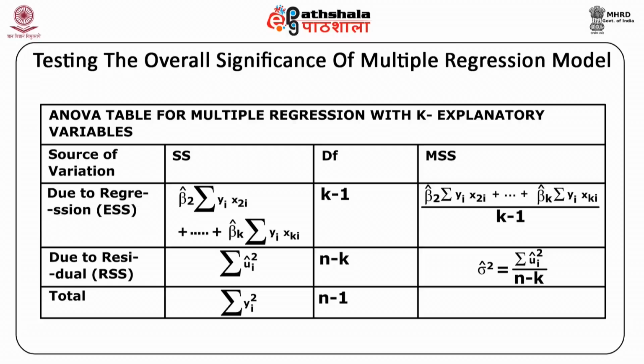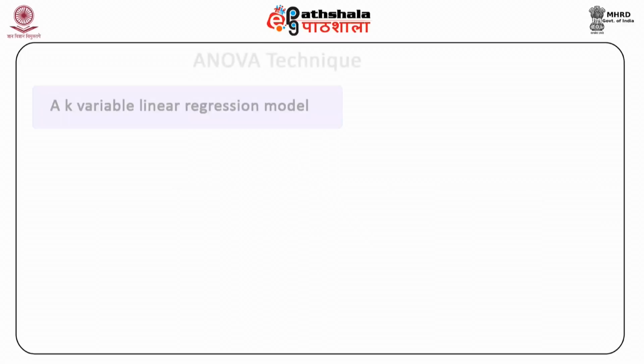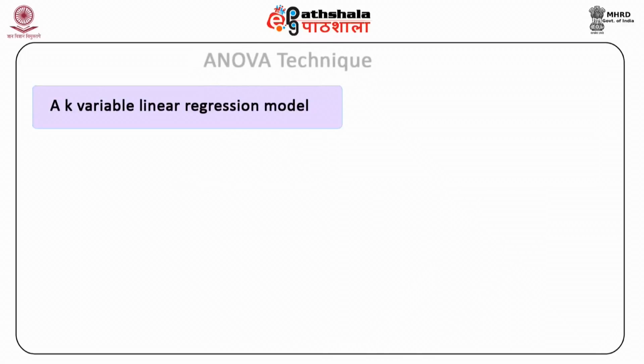This is because in testing the significance of an individual coefficient, we assume that each test is drawn from a different sample. So, if we conduct the joint hypothesis test and use the same sample data, we will be violating the assumptions of the test procedure. Consider a k-variable linear regression model.